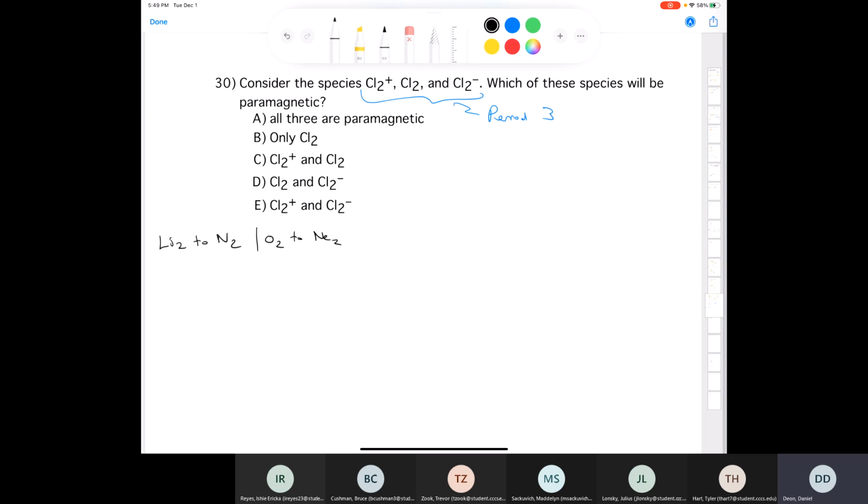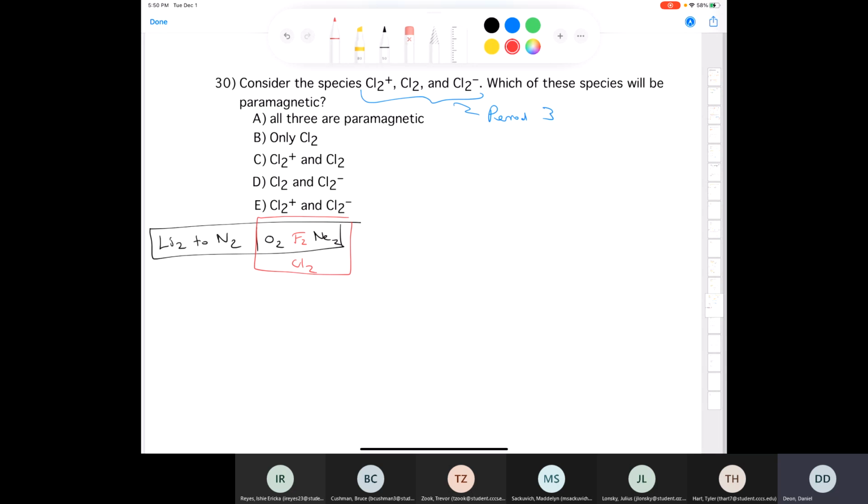Now since chlorine is a halogen, even though it's in the third period, these are all second period elements here, but the molecular orbital diagram that you're going to use is going to fall under here, right? Because oxygen, O2 to Ne2, what's in the middle there? What's missing, right? It goes O2 and then F2 like this. And so Cl2 would be right underneath it. And so you're going to use this MO diagram. That's the one you're going to use to solve this problem.